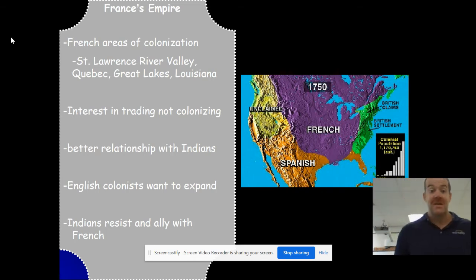Everybody wants to get their hands on some money. The Native Americans resisted the English expansion, and the French said, we don't want the English to expand over here, so we're going to team up with the Native Americans and stop the English from expanding their empire. So now you're going to have problems. During this time period, the French and the British were constantly at war with each other.